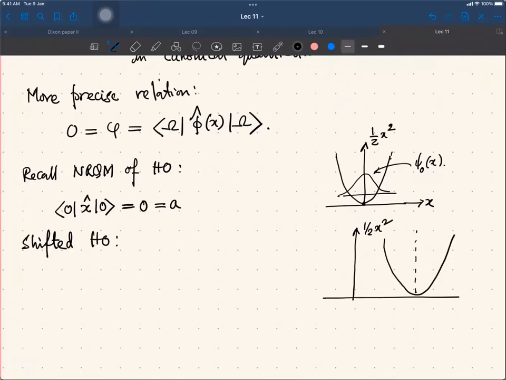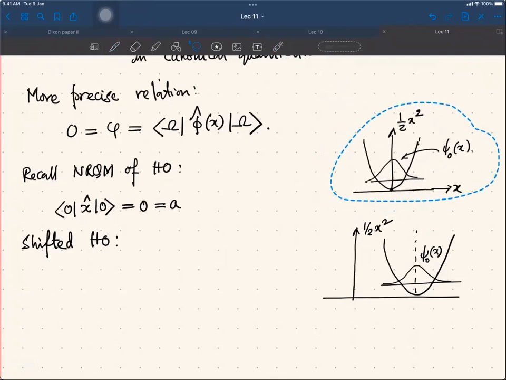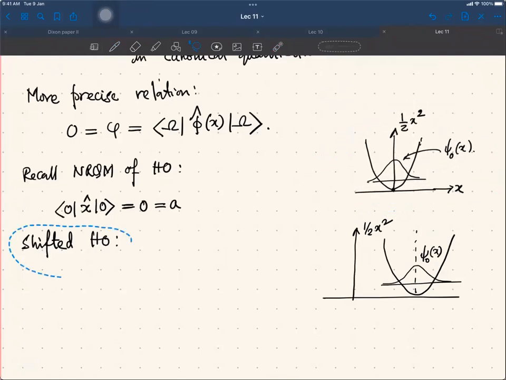In this case you have a 0-point energy, and the Gaussian wave function for the vacuum, psi 0 of x, will look like this. So it is for the usual harmonic oscillator, and this is for the shifted harmonic oscillator.